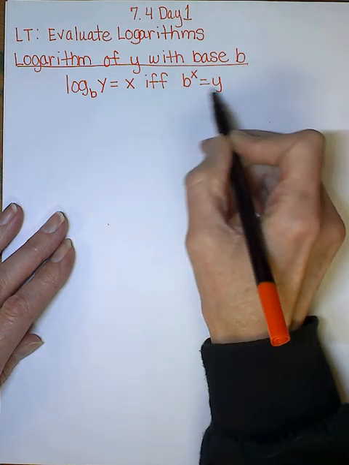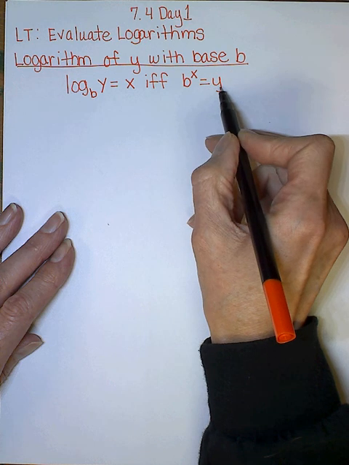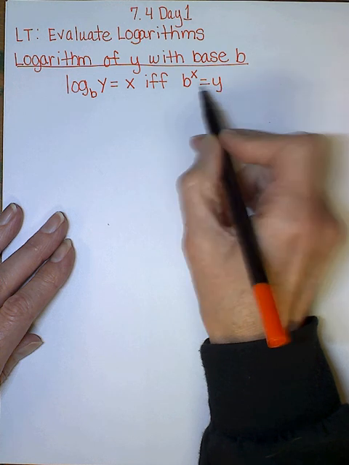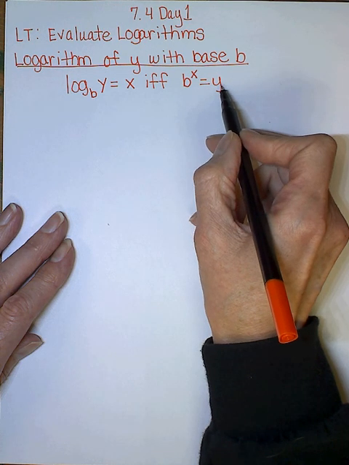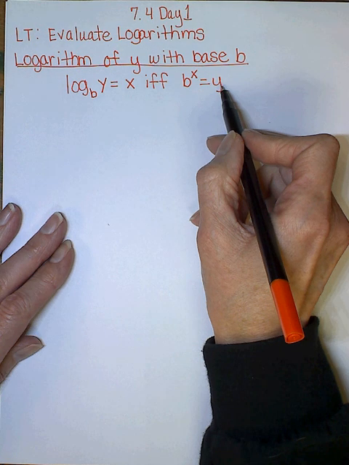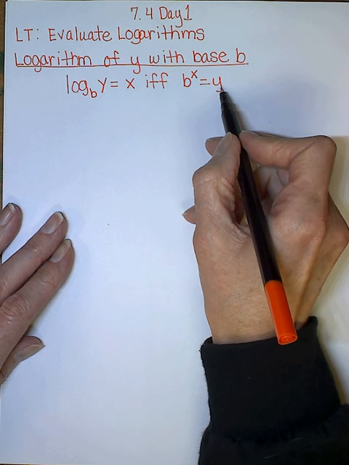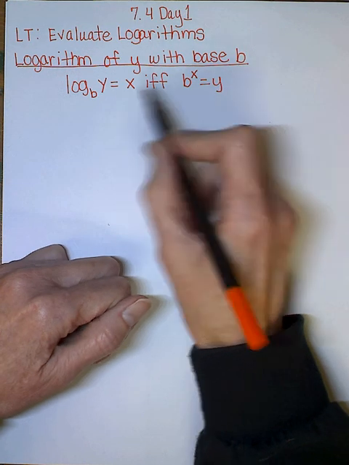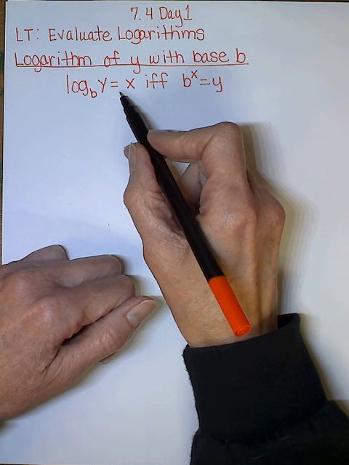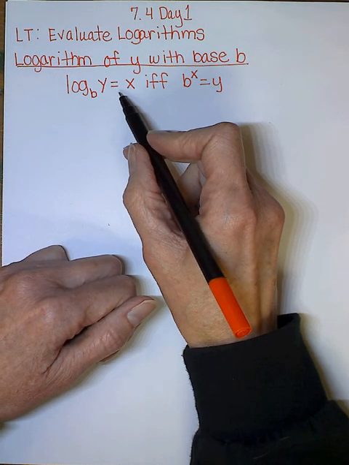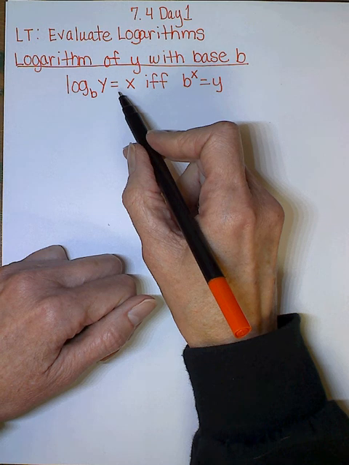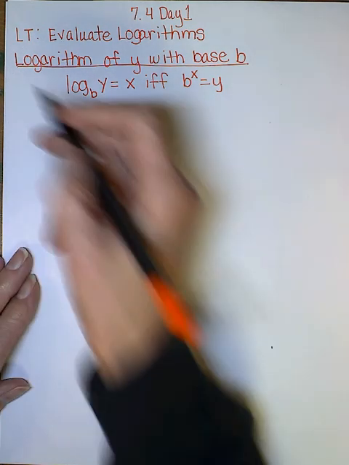And then this is just the exponential form that you're used to using in the last few sections. 7.1 and 7.2 and 7.3 we had the exponential function. The exponential function and the logarithm function are inverses of each other. So we've also been doing the inverse functions. So I'll talk about this a little bit more.